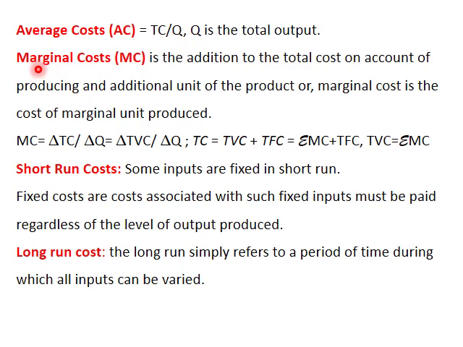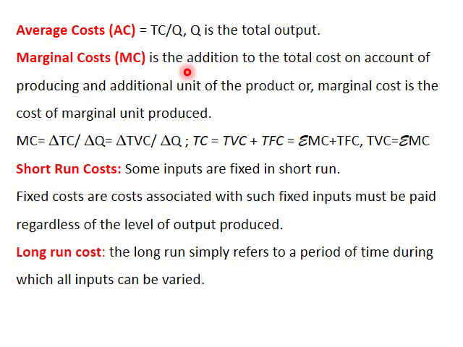And the other is marginal cost. It's the addition to the total costs on account of producing and adding one unit. Or marginal cost is the cost of marginal units produced. It is the cost which is incurred due to the production of the last unit.